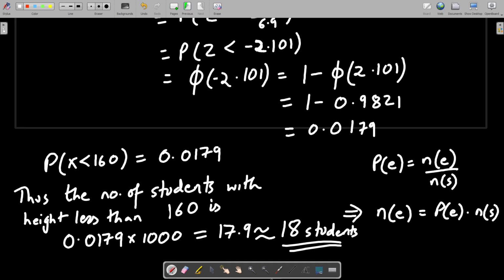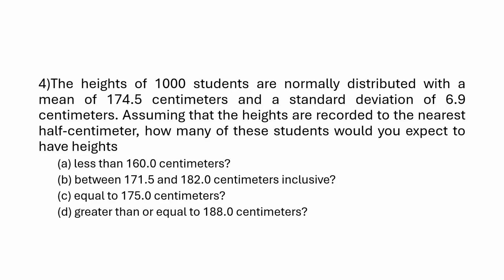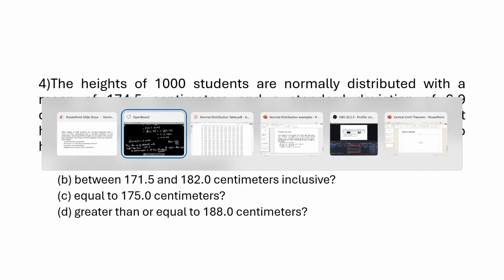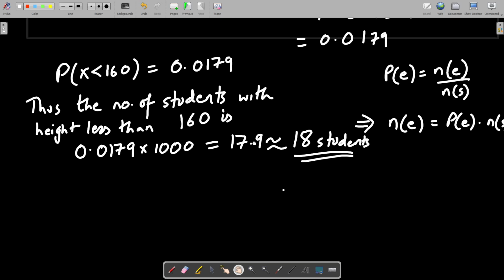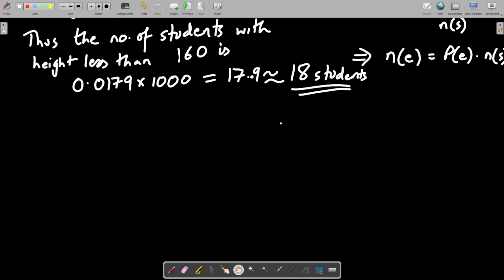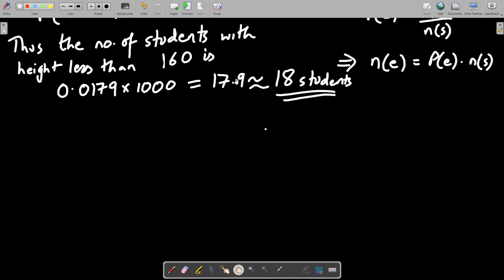Okay, so let's go to the next part of the question, that is between 171 to 182 centimeters, 171.5 to 182. So B part is probability of 171.5 less than x less than 182.